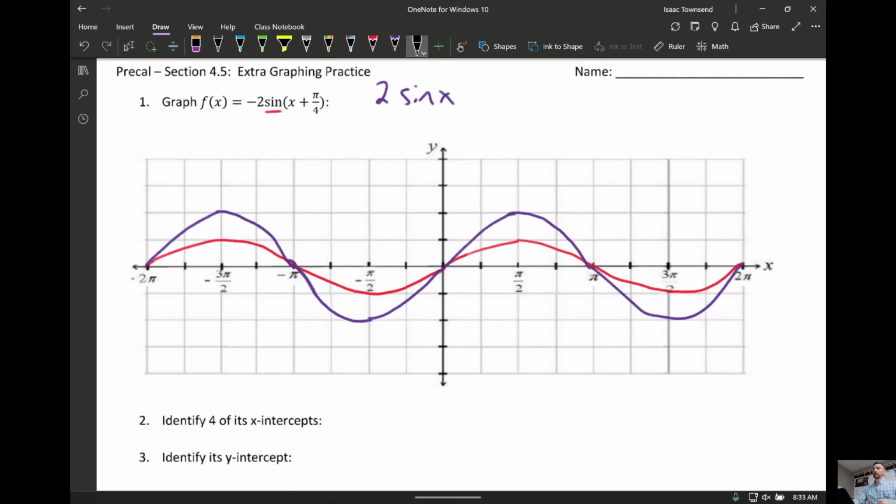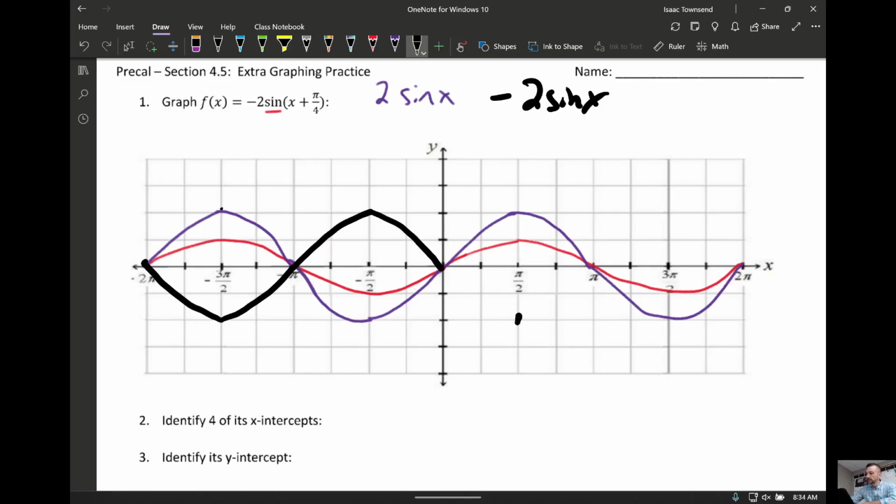At some point, you're going to have to think about the negative. So I'll do that next. The negative does not change the amplitude. The amplitude is just a length and it does not care about direction. But the negative is going to reflect it over the x-axis. So this point flipped over, this point flipped over.